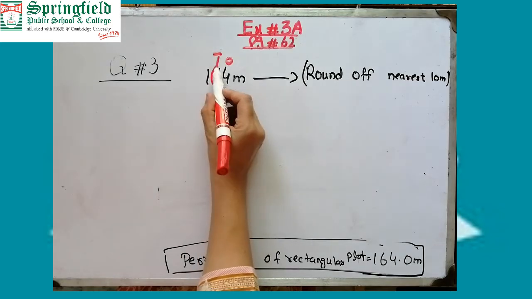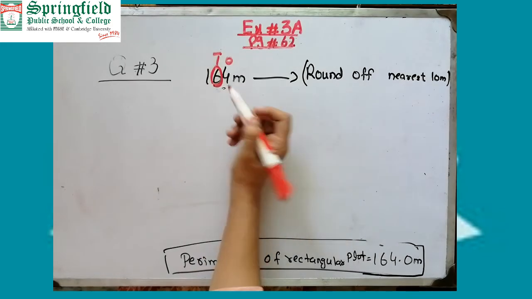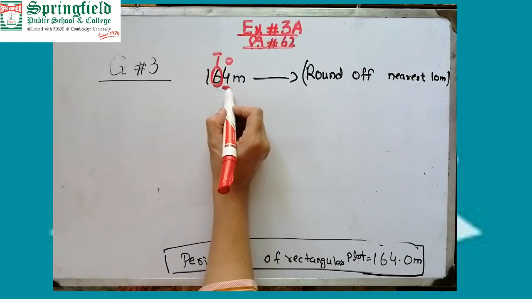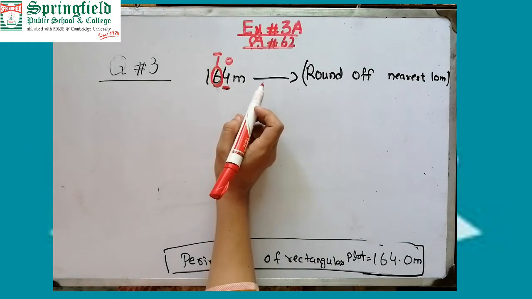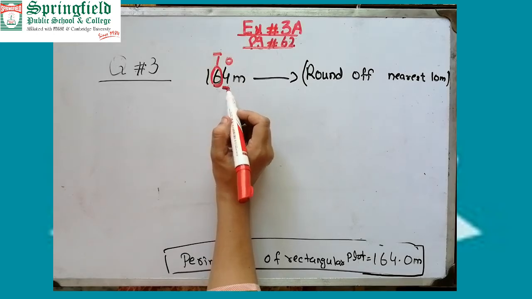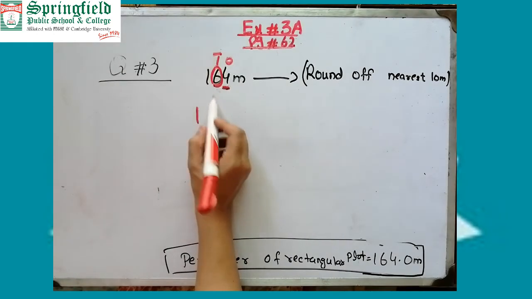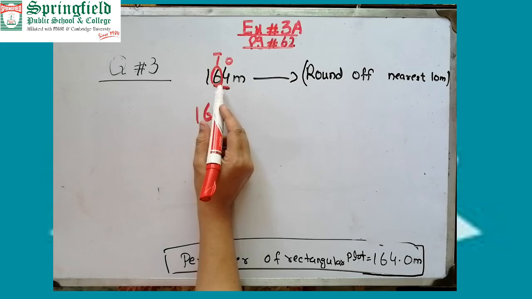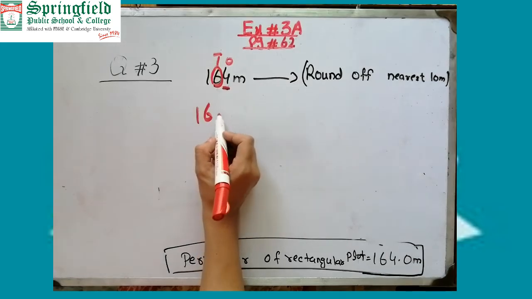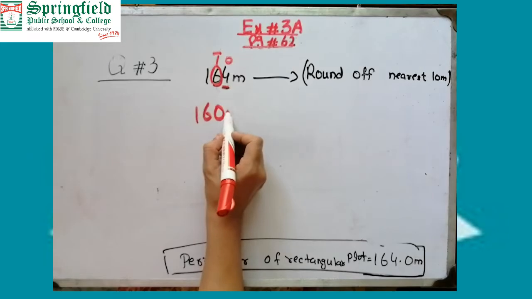Then we will circle 6 and then look at the previous digit. After the circle is 4. 4 is less than 5. So the 6 will remain the same, and then after the circle the digit will become 0. 160 meter.